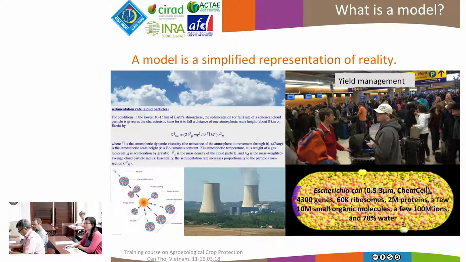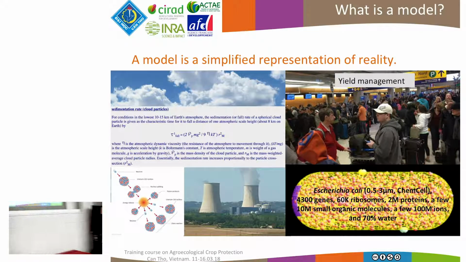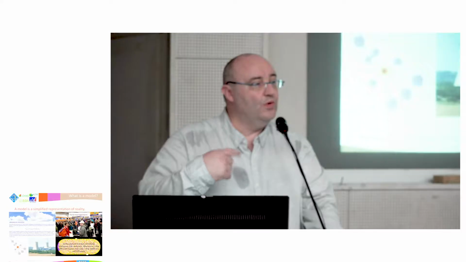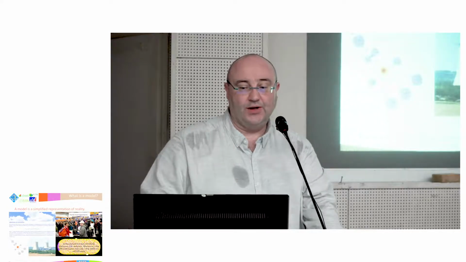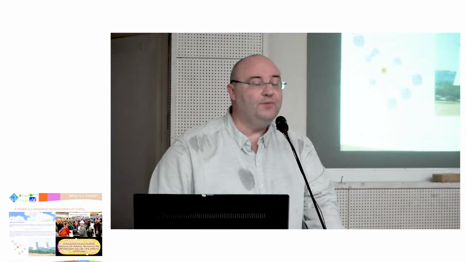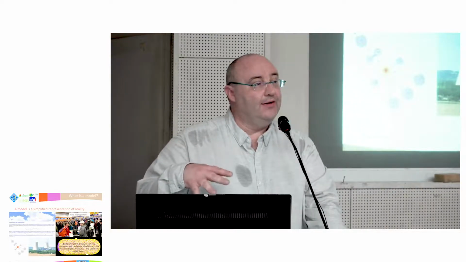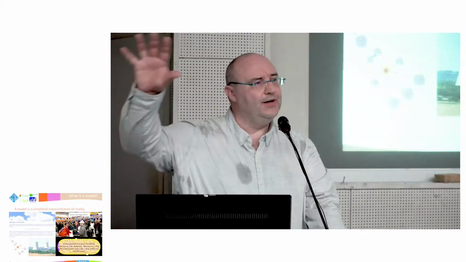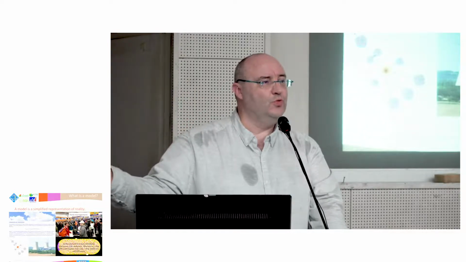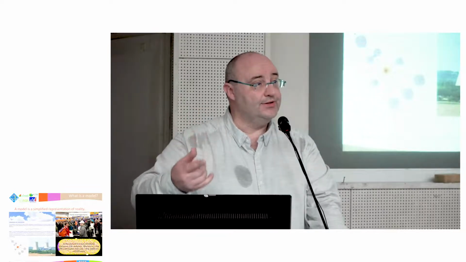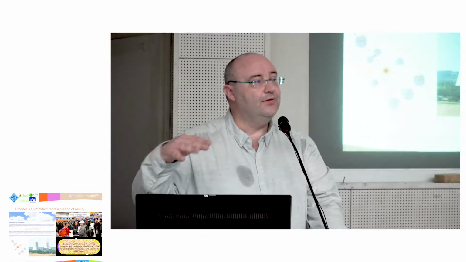Another example is what is called yield management in the transportation industry. If you take a plane, usually all the passengers will have paid a different price depending on the timing when they decided to buy the tickets. In order to optimize the income for the traveling companies, they have models that say, okay, this part of the world will be on vacation, so we'll have many customers wanting to travel from this point to this one, and they make predictions in order to adjust the price of their tickets.